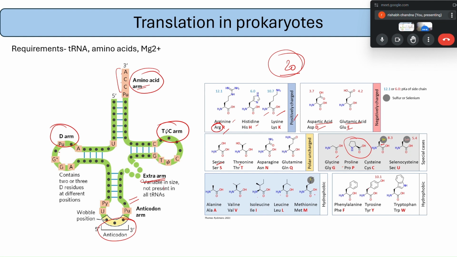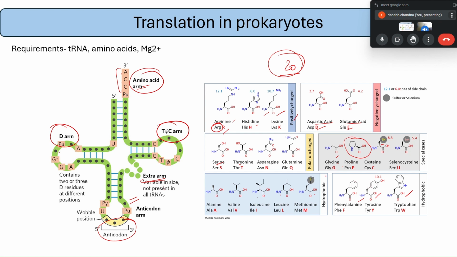Sorry, and then we have the aromatic amino acids: phenylalanine, tyrosine, and tryptophan, that have a ring in their structure.